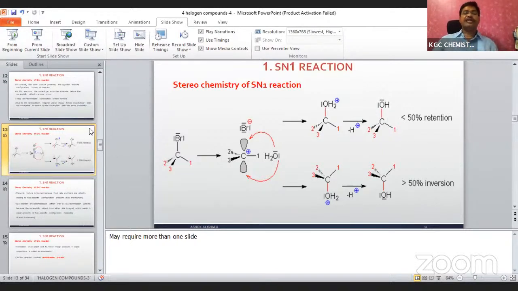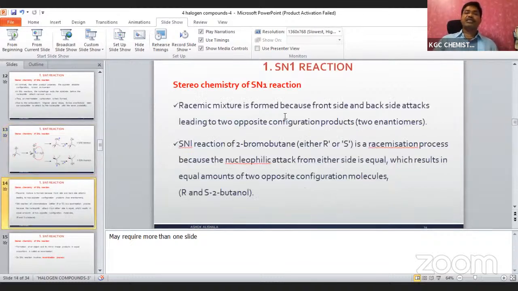See, in the SN2 reaction, Walden inversion takes place, whereas in the SN1 reaction, a racemic mixture or racemization takes place. Racemic mixture is formed because front side and back side attacks lead to two opposite configuration products, that are called two enantiomers.